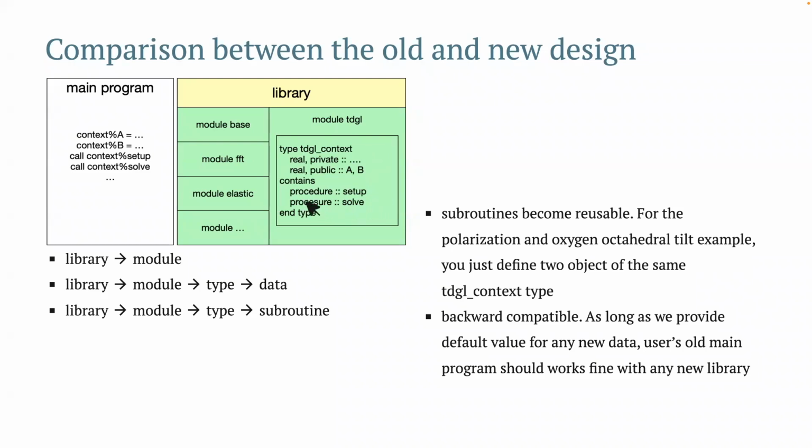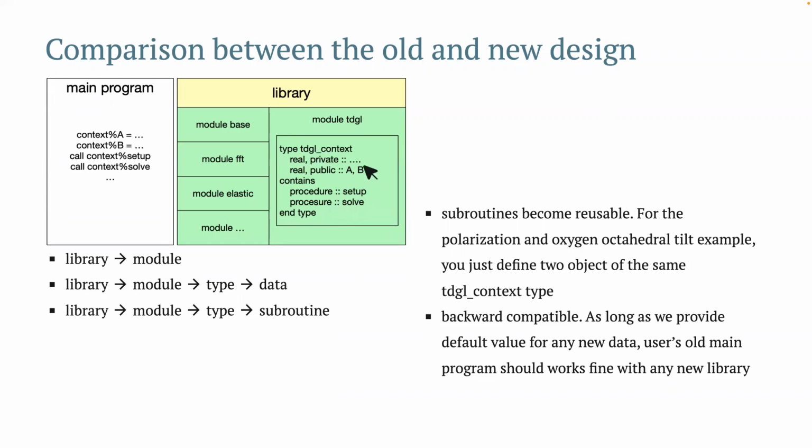And in this way, we solve the reusability problem, at least for the TDGL equation, because now instead of copy-pasting the same set of subroutines, you just need to define two types for this TDGL context type. One for polarization and one for oxygen tilt. And then for each type, you can call their subroutines under that type, and that will give you the correct solver that you need for the order parameters.